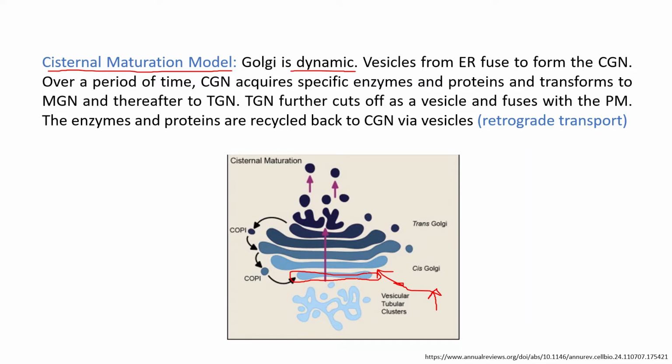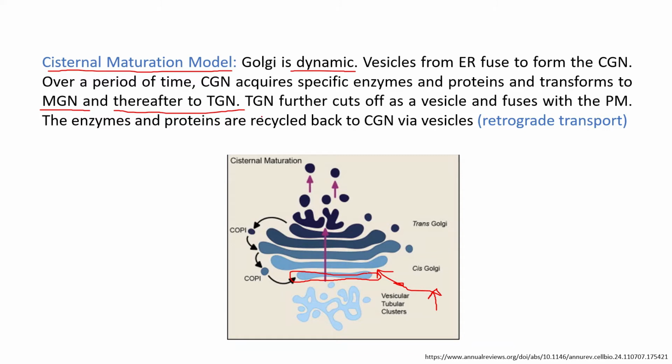Over time, this cis-Golgi network will accumulate certain proteins, certain enzymes, and will further transform into the medial Golgi network. And this medial Golgi network with certain other modifications will then transform into the trans-Golgi network.